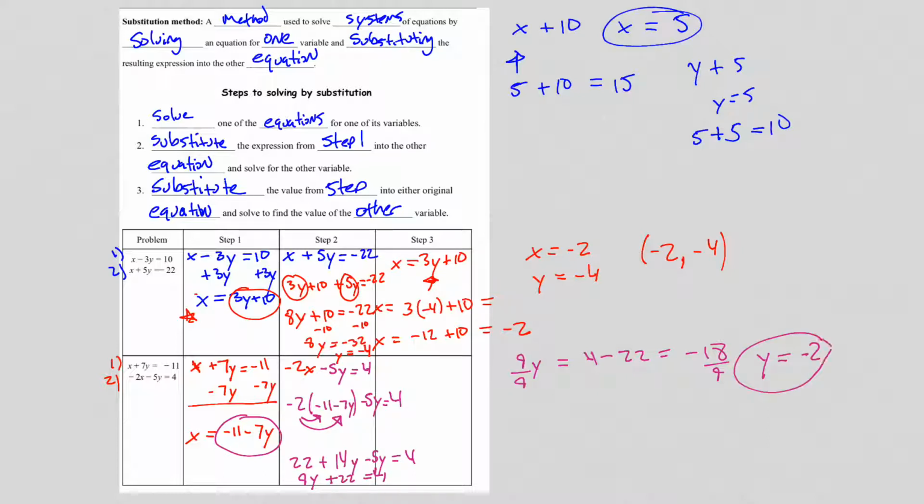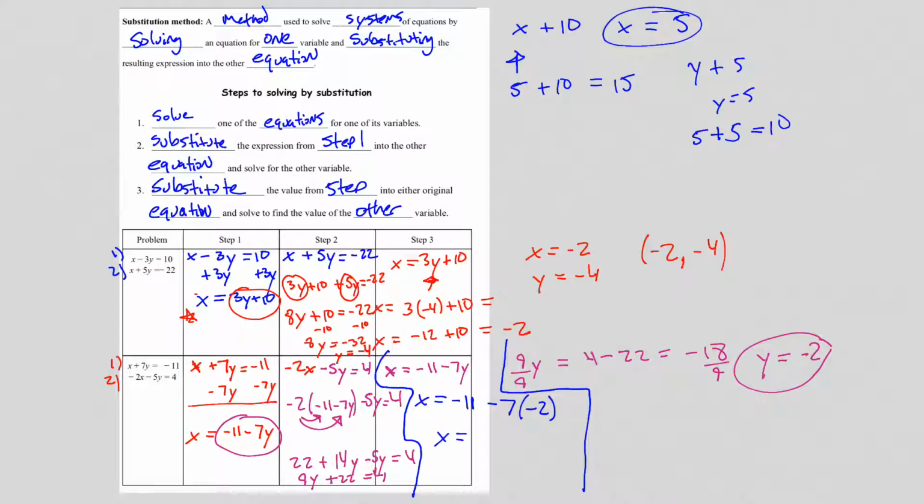Now that I know what y is equal to, I can plug it into this equation. x is equal to negative 11 minus 7y. Negative 11 minus 7 times what y equals, negative 2.